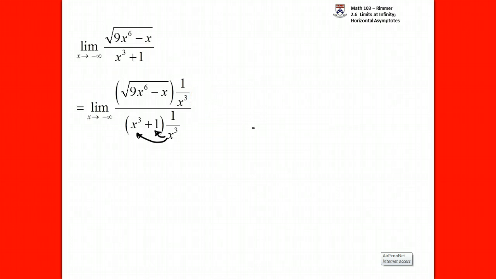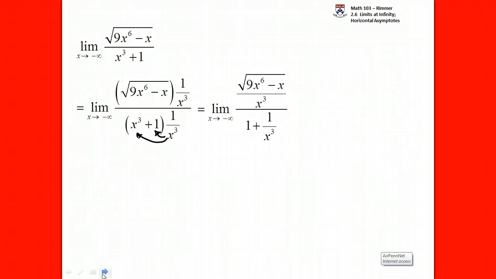In the numerator is where we're going to have our issue. We have to divide this root by x cubed. Last time we said, I'd like for it to have a root, because then if they both had a root, I can put them in one root and do my cancellation like I want to. But with the numerator having a root and the denominator not having the root, we can't just do our cancellation.